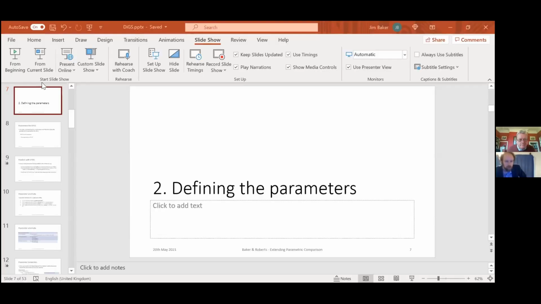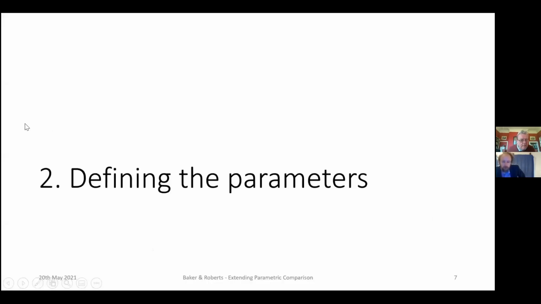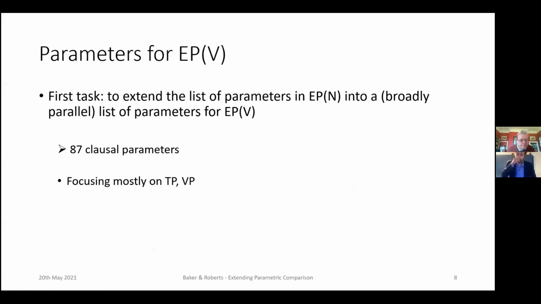Right, so hopefully this will work. Yes, there we go. So our first stage, really, in working on this project was to take the parameters that Longobardi's team had previously defined for the extended projection of the noun and to extend these into a separate, broadly parallel list for the extended projection of the verb.